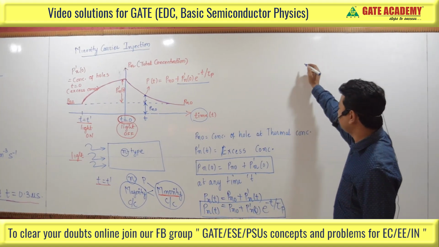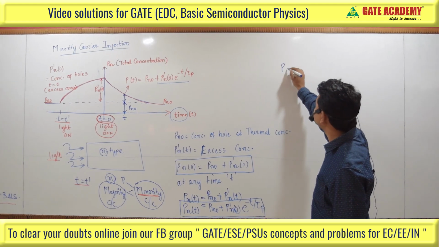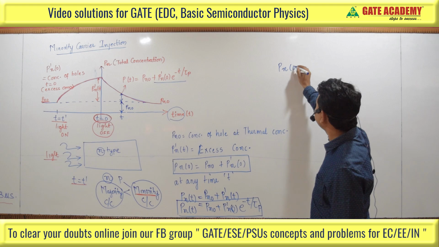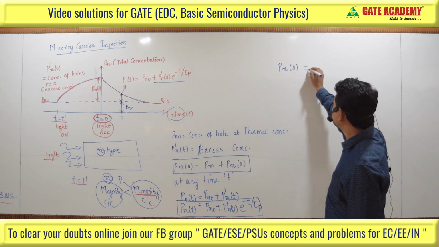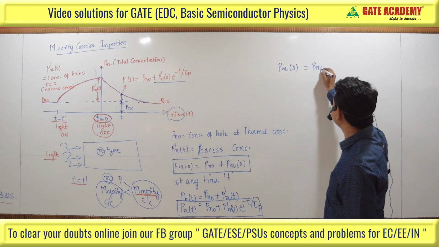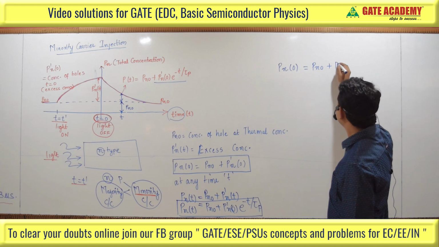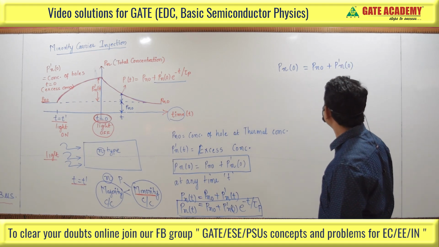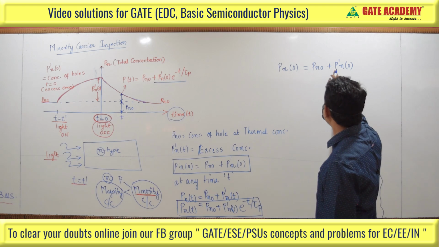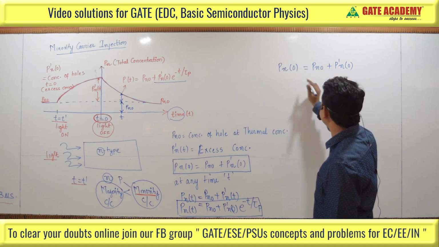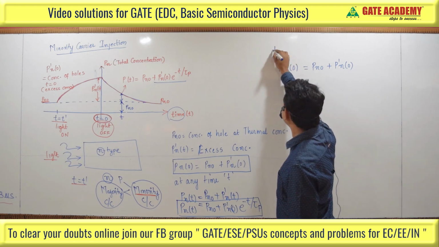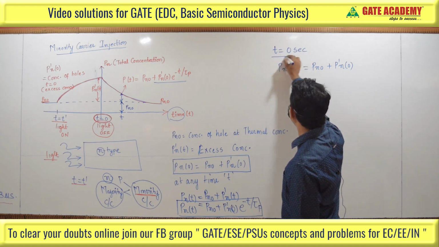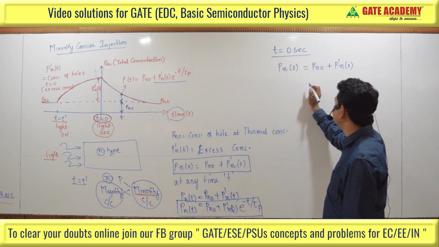So we have the two equations. The total concentration of holes in an n-type semiconductor at time t equal to 0 is nothing but the initial concentration Pn0 plus the excess concentration of holes at time t equal to 0. This is the total concentration of holes at time t equal to 0.